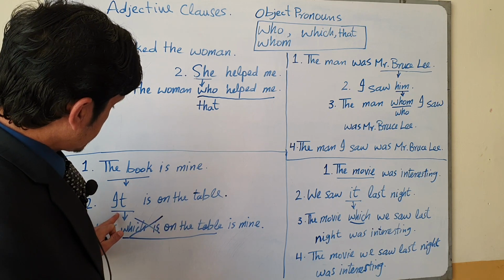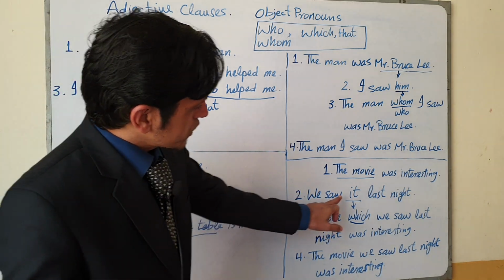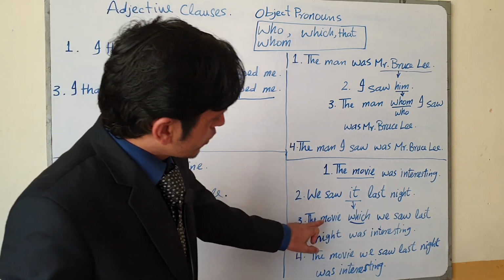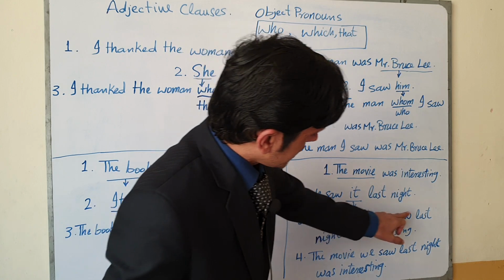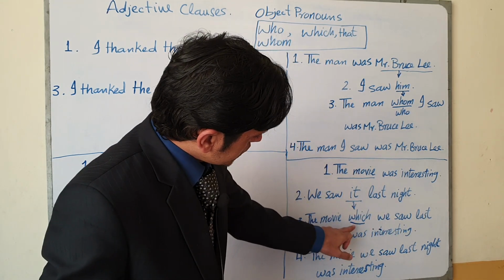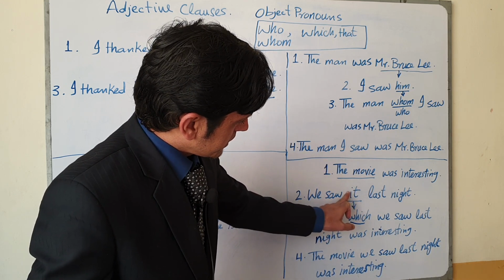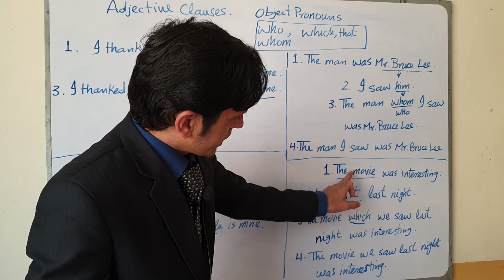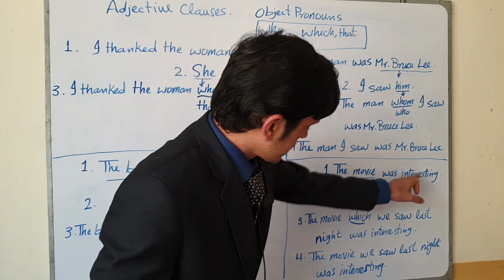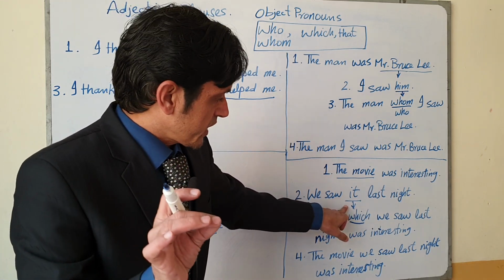Now you see it is in the subjective case, but here we saw it is in the objective case. So the movie which we saw last night was interesting. So this which is used for it, and it is in the objective case. The movie we saw, the movie was interesting, we saw it.